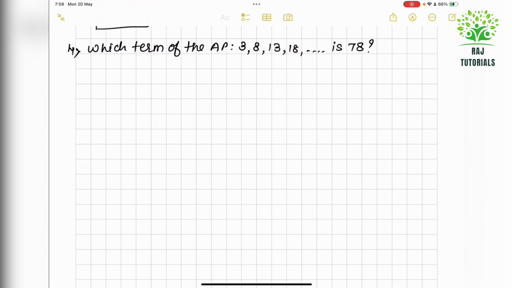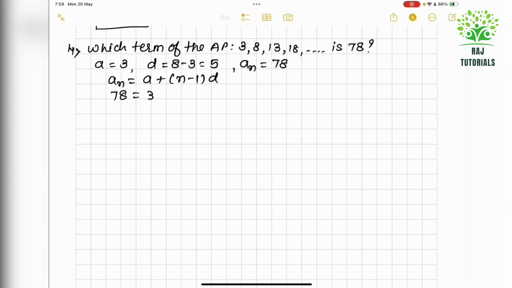Now, fourth question is which term of the AP 3, 8, 13, 18 is 78? So, can I say A equal to 3? D will be 8 minus 3, that is 5. And AN equal to 78. So, AN equal to A plus N minus 1 D. I have to find the value of N. So 78 equal to 3 plus 5 into N minus 1.